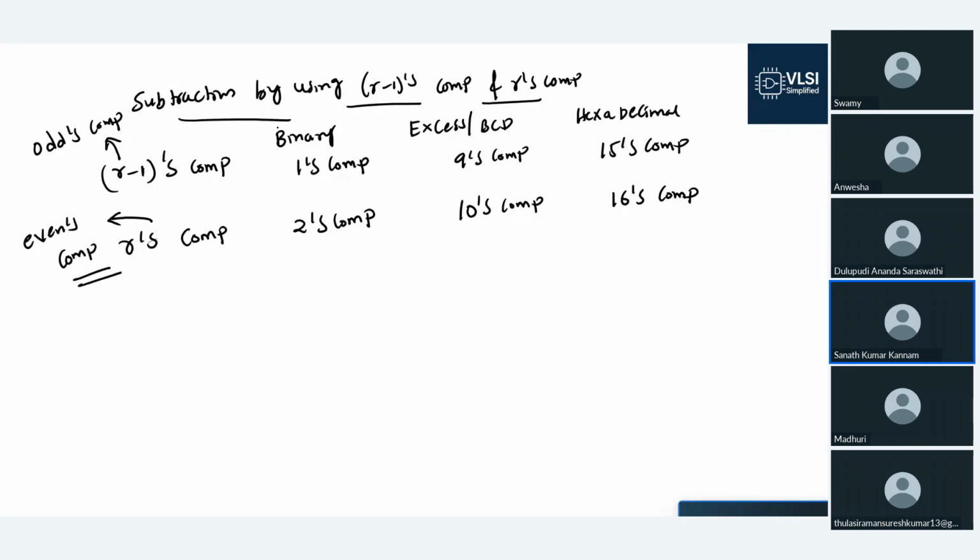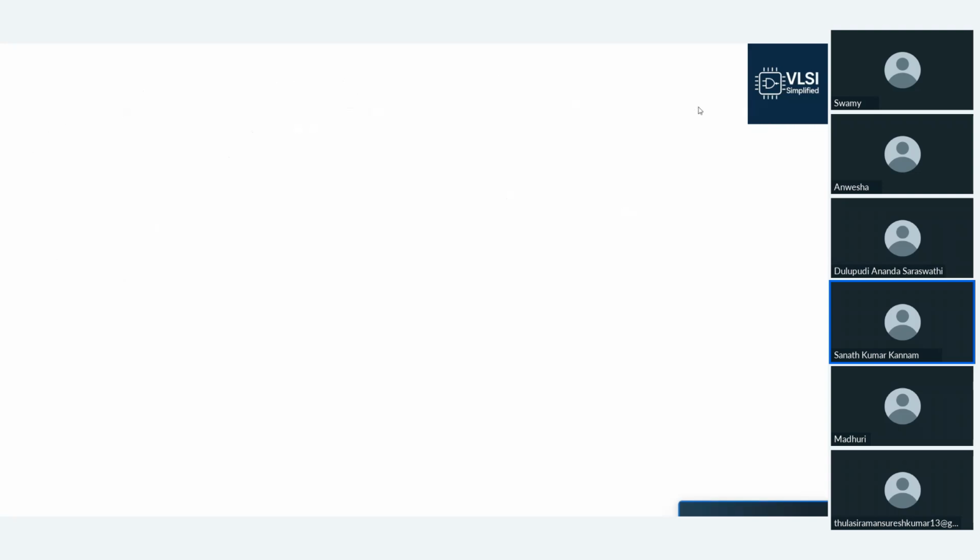Basically, I am interested in doing this. I will explain 1's complement and 2's complement subtraction. The process is the same, so you can practice with XS3 as well as hexadecimal subtraction. So 1's complement subtraction I will tell you first.